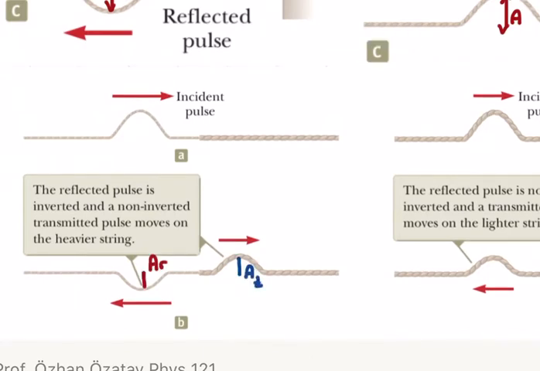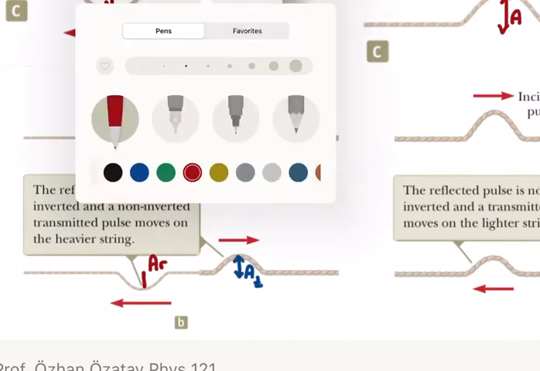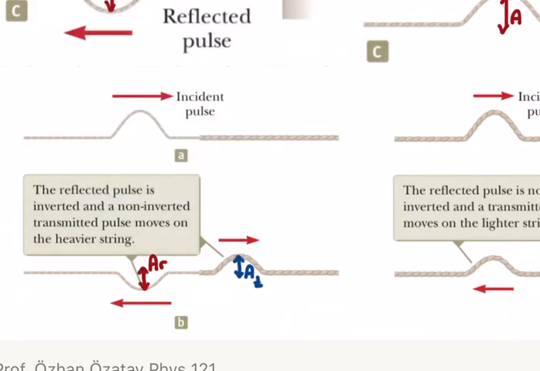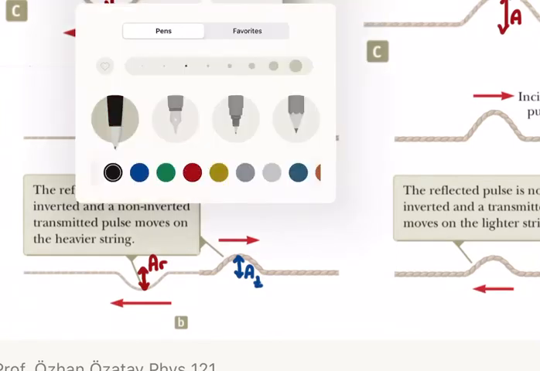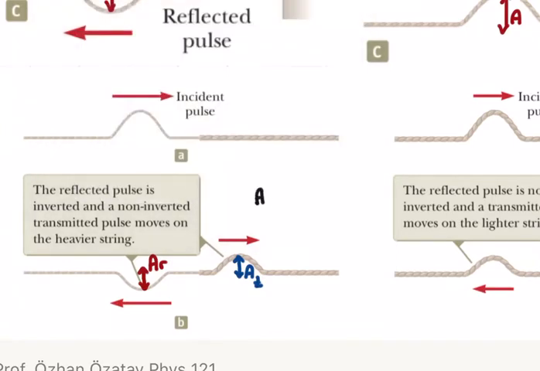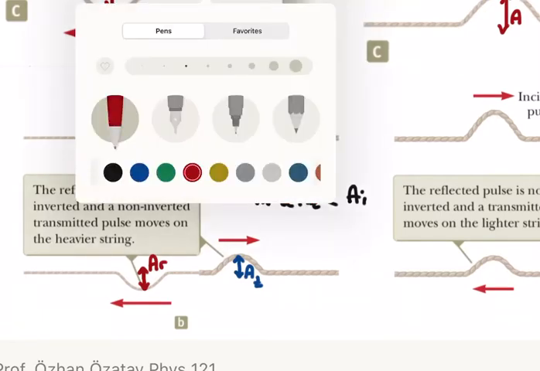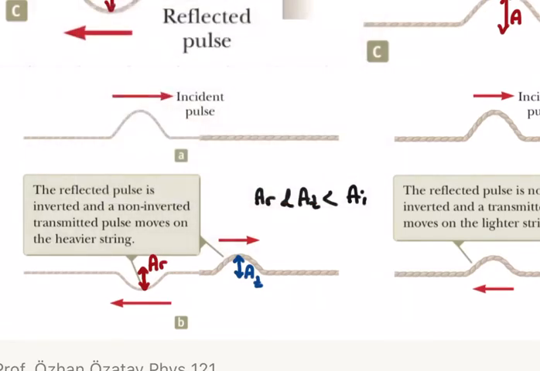And we find that these two amplitudes are going to be smaller than the incident amplitude, A sub r and A sub t smaller than A incident, which is the amplitude of the incident pulse.